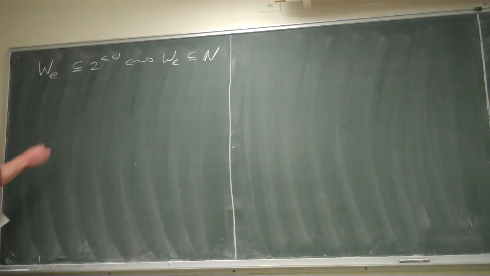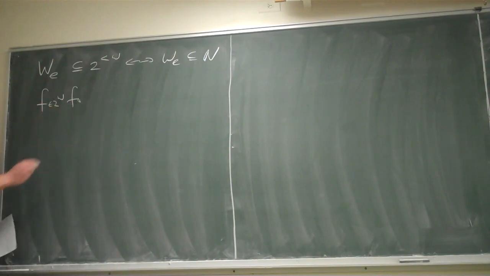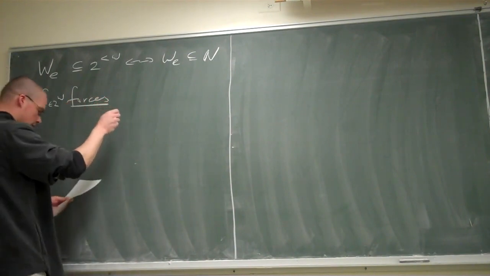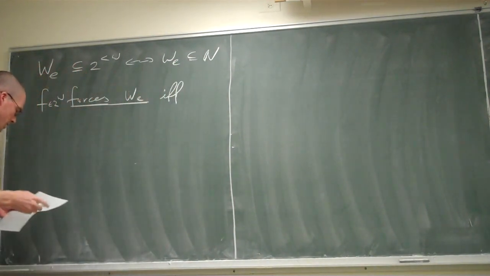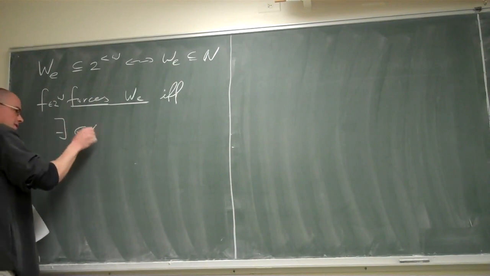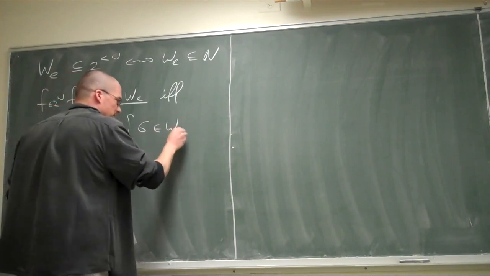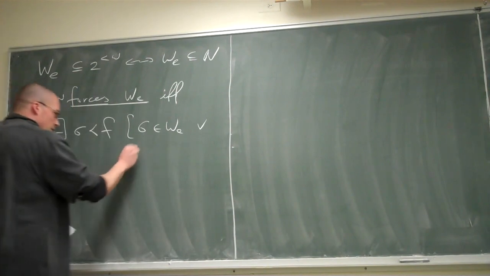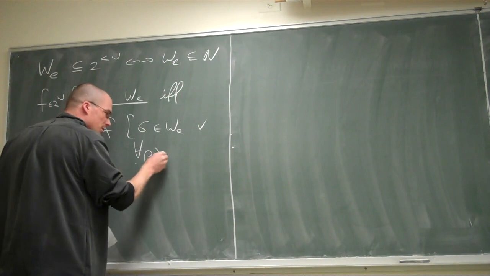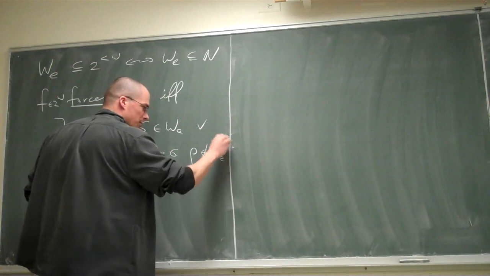Okay, so then we say F, which is a real, an infinite sequence of zeros and ones, forces WE if either there exists an initial segment sigma of F such that sigma is in WE, or for every rho extension of sigma, rho is not in WE.